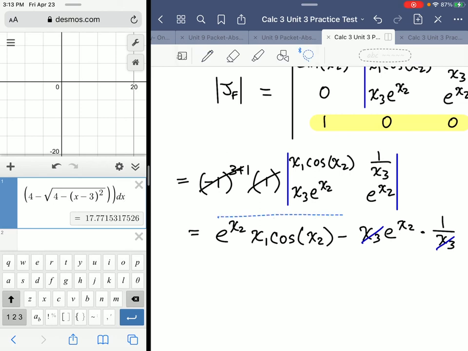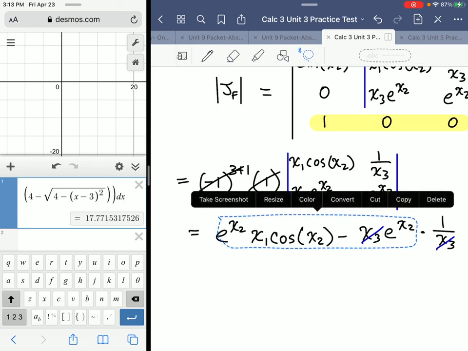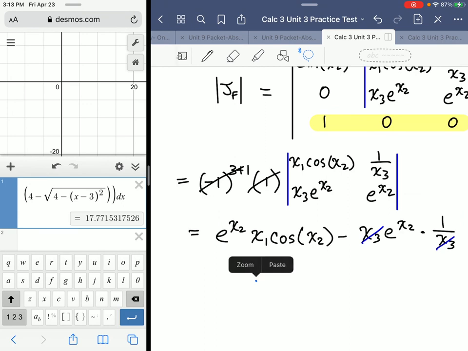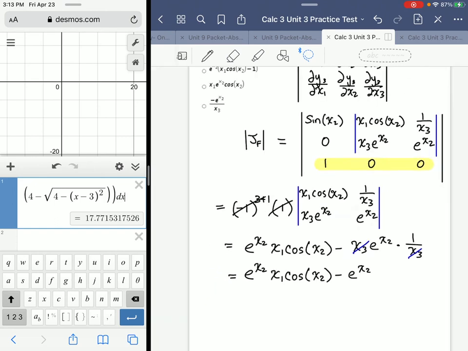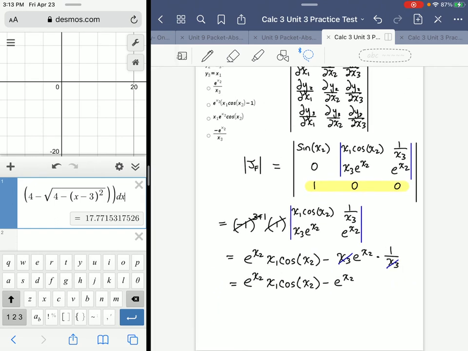So this is what will remain, just without this guy here. We have a common e to the x sub 2. I should take a look at what the choices are and keep an eye on that.